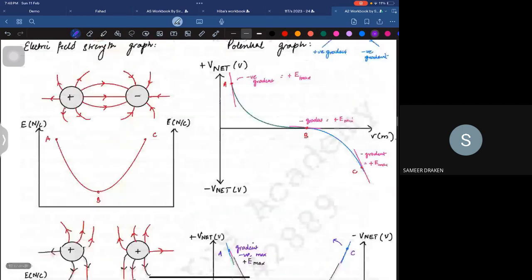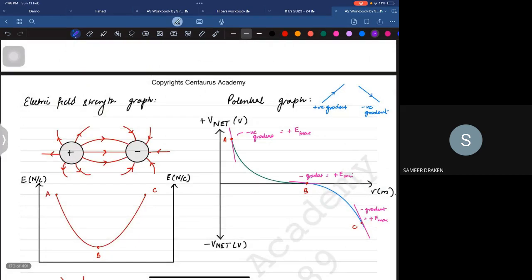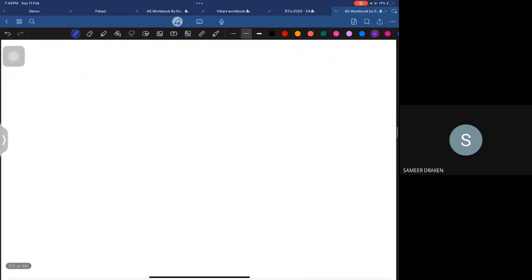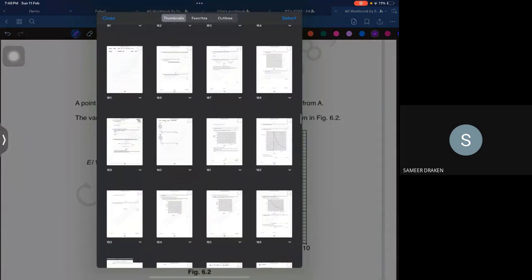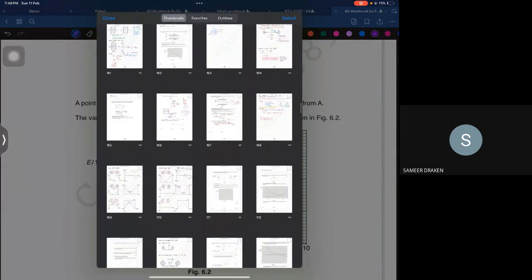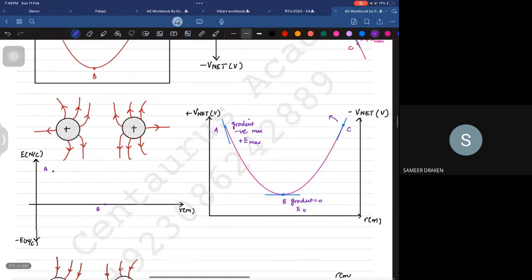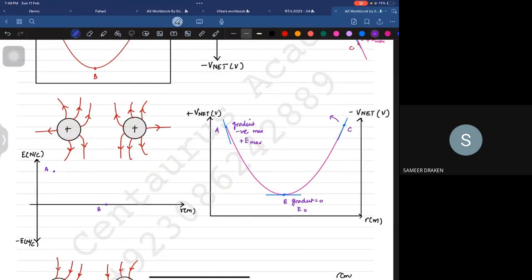I just told you here. Oh my goodness. That's bad. It is a positive gradient. If the line is going up like this, it is positive. If it is going down, it is negative. Do you understand that? Say it.